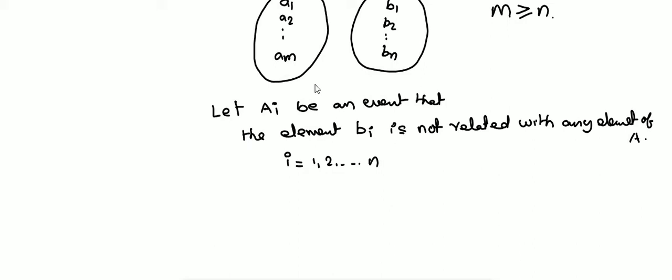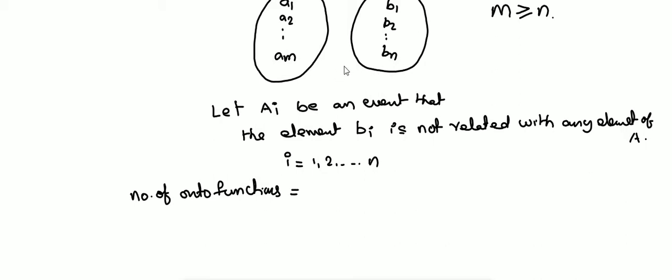I can write the number of onto functions as equal to the number of functions in which b1, b2 and so on bn are all mapped, or all have pre-images with the elements of A. That is, the number of ways that all bi's have pre-images.